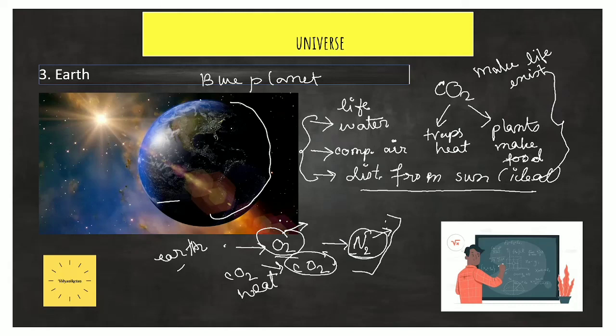Okay, it prevents the burning of objects and life on Earth. That's why these three characteristics of the Earth help the existence of life.